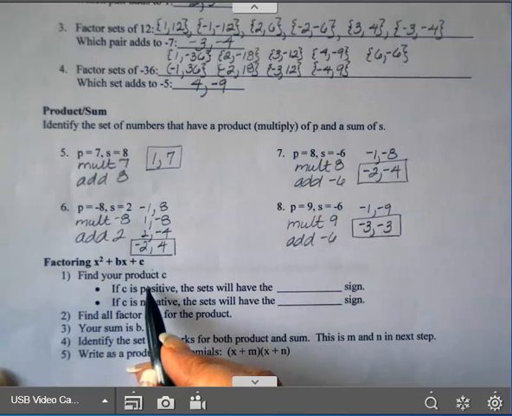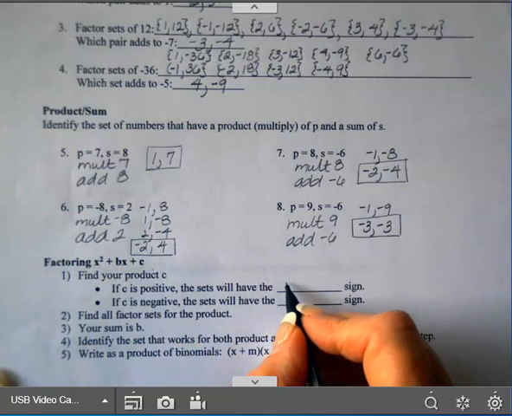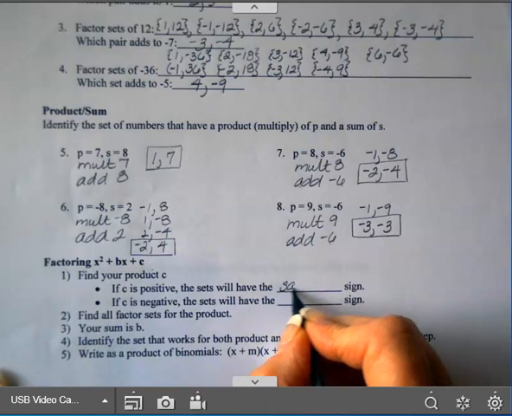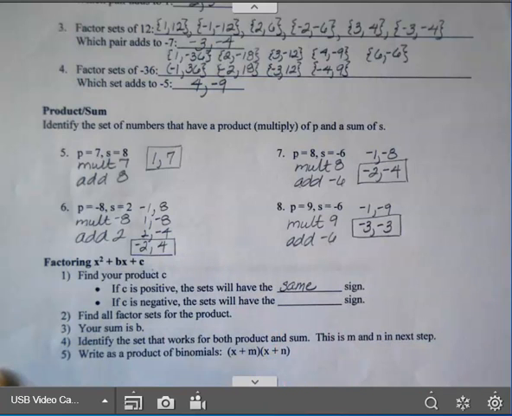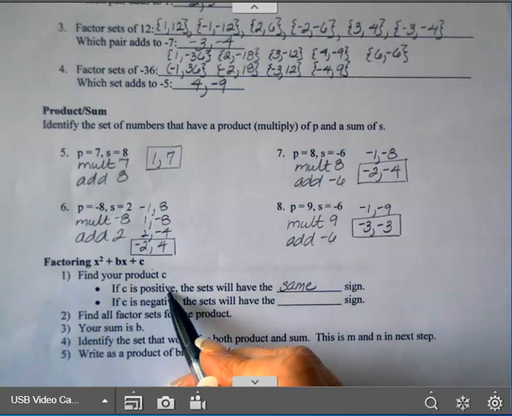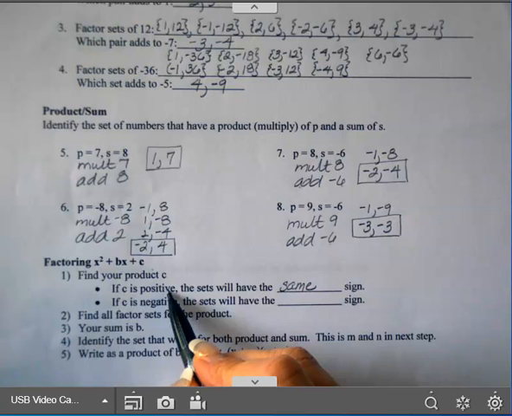And the numbers that will do that, if c is positive, your two numbers are going to have the same sign. So they're either both positive or both negative, because a negative times a negative is positive, and a positive times a positive is positive.